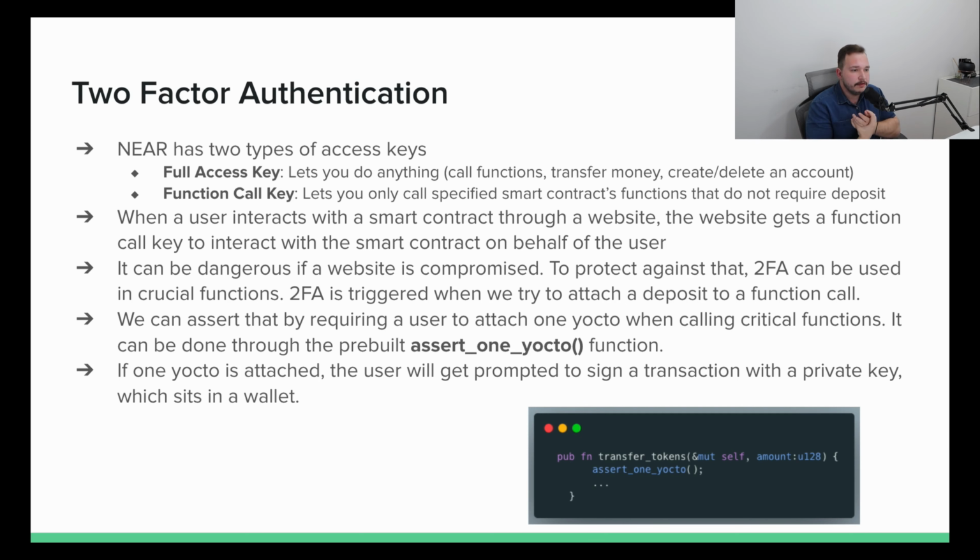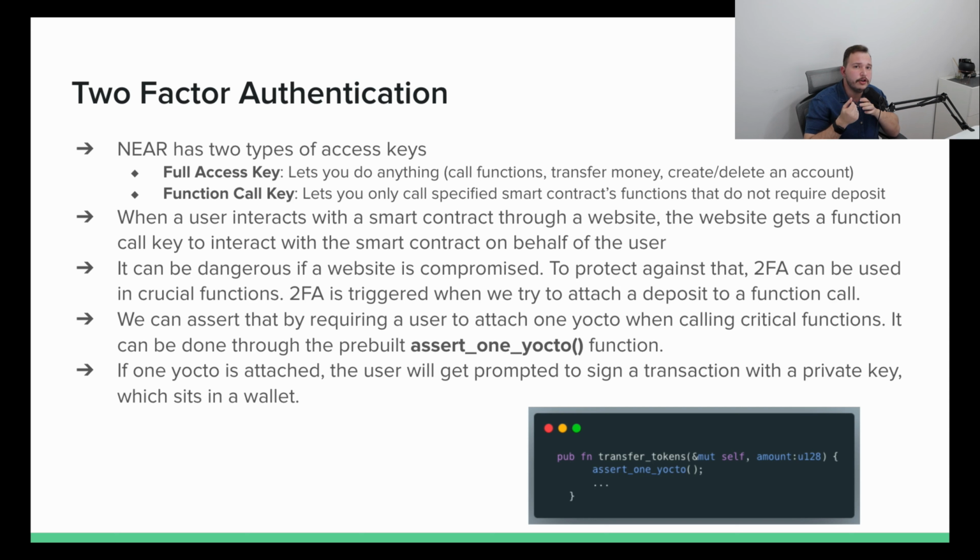And imagine if the website gets compromised, and now that website can call some function on behalf of the user. To protect against that, 2FA can be used in super crucial functions. And 2FA is triggered when we try to attach a deposit to a function call. Because a regular function call key cannot just transfer money from your account.